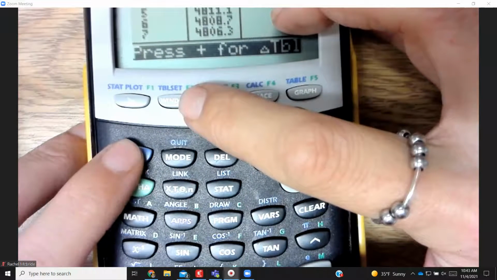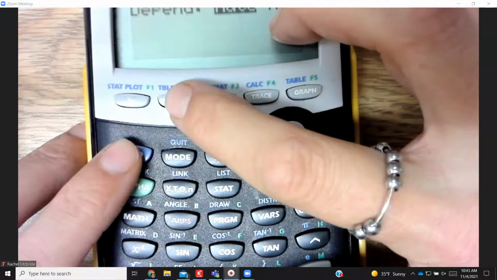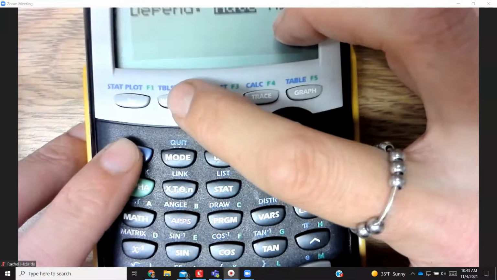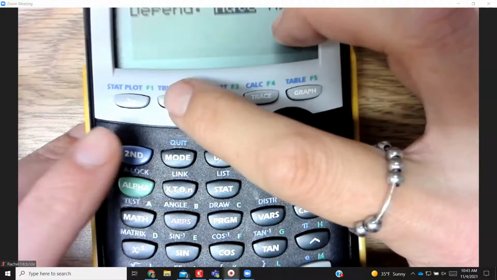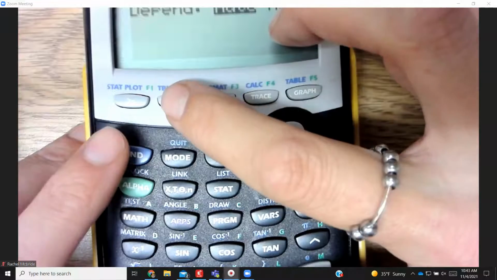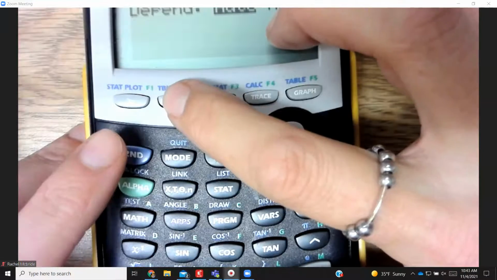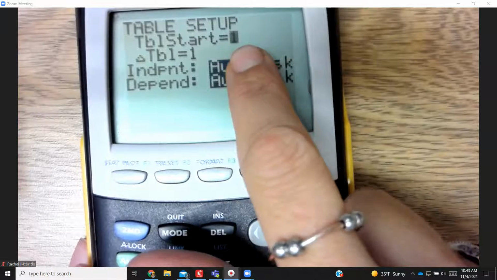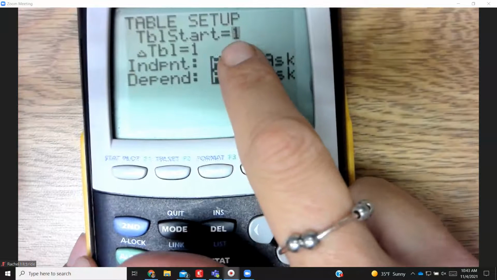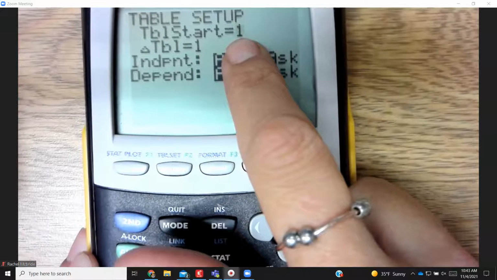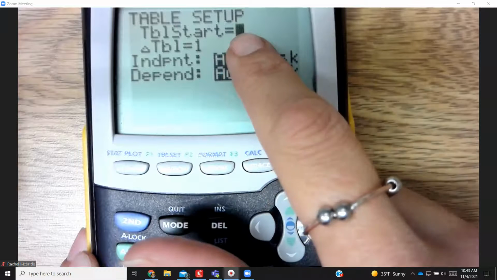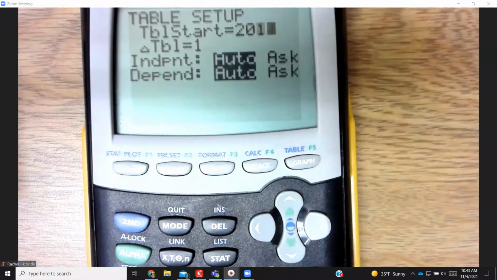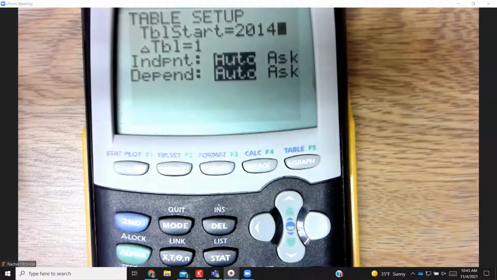Everybody good? And where it says table start, I want you to type in the number we're predicting. So what number am I trying to find? So I want you to put 2014 in your table.